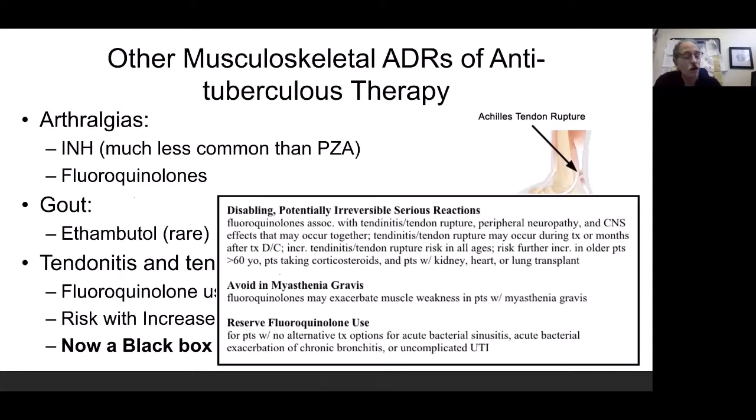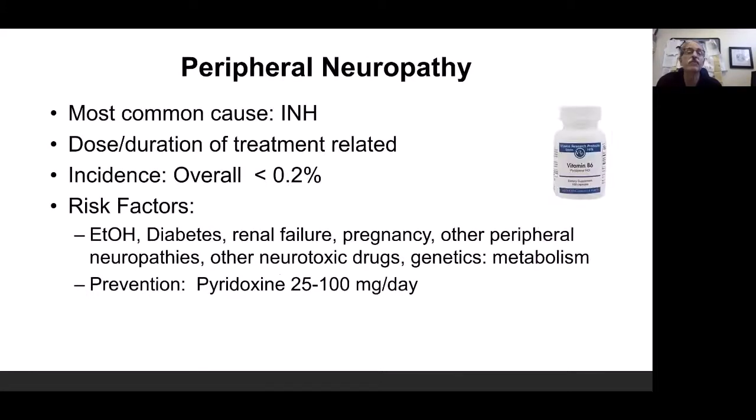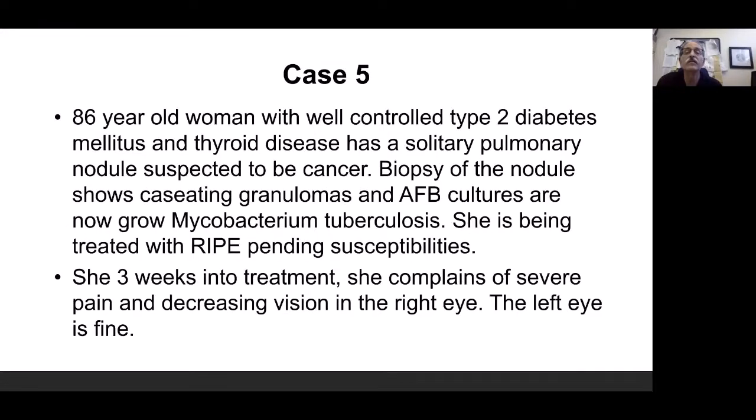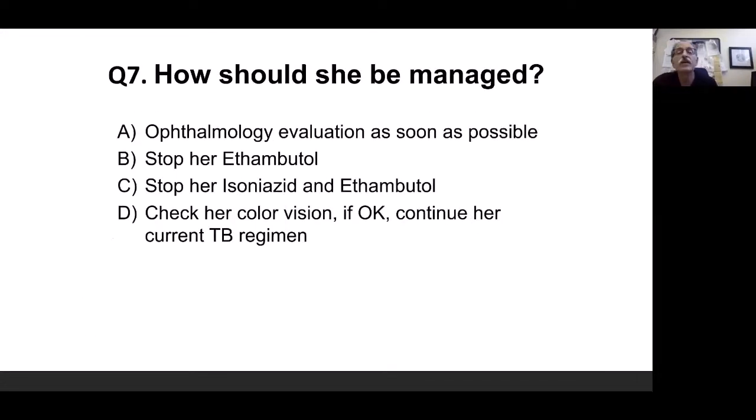All right, I think this is the last of the cases we're going to go through. I did have some stuff in here on peripheral neuropathies due to isoniazid, and something about ophthalmology and ophthalmologic toxicity. Again, the only point I want to make here is that just like we are not dermatologists, we are also not ophthalmologists.